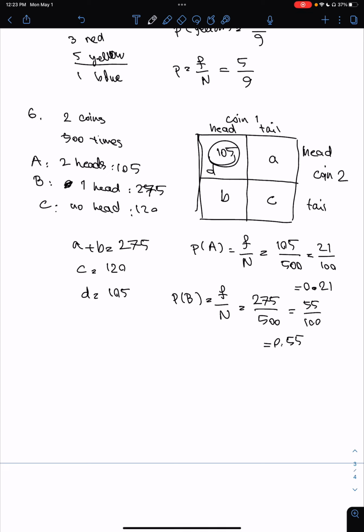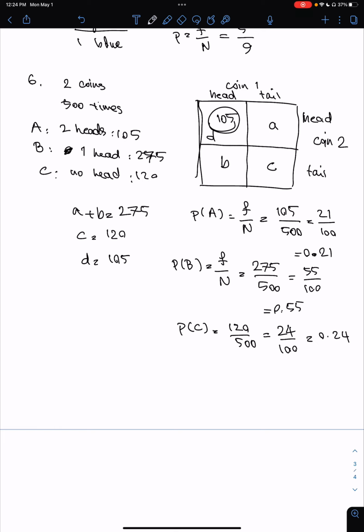Let me double check this really quick. 275 divided by 500, yes. And then probability of event C, which will be having no head, is 120 divided by 500, which will be 24 divided by 100, which is equal to 0.24.